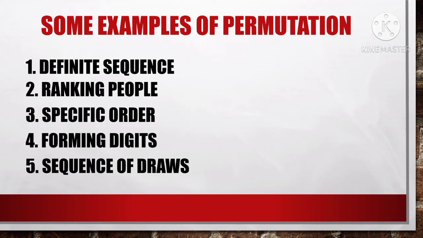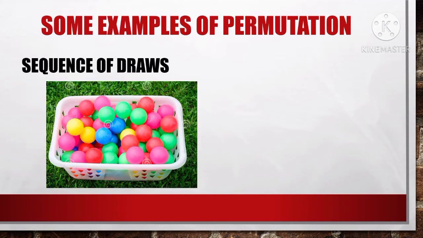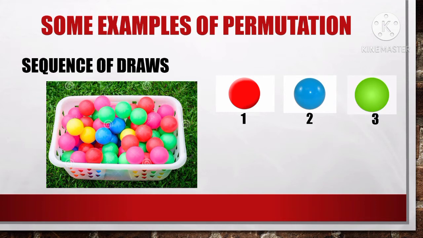And the last example of permutation is the sequence of rows. Halimbawa, may bola ka sa isang basket. In your first row, nakuha mo yung red ball. In your second row, nakuha mo yung blue ball. Tsaka yung third row, nakuha mo ay green ball. So, there is distinct position in red, blue, and green.